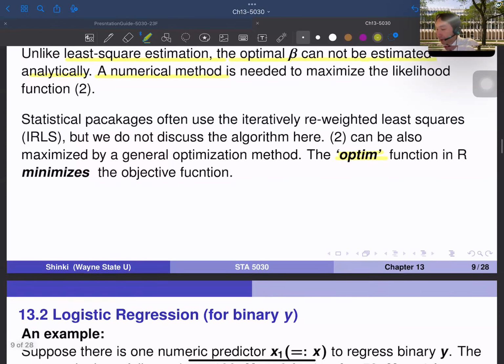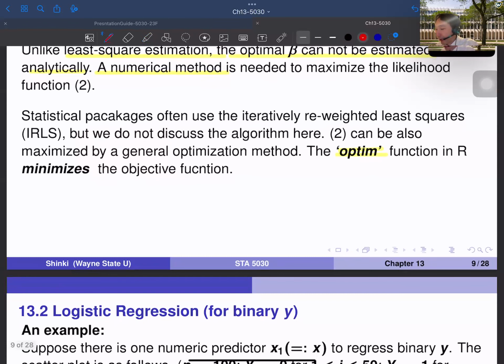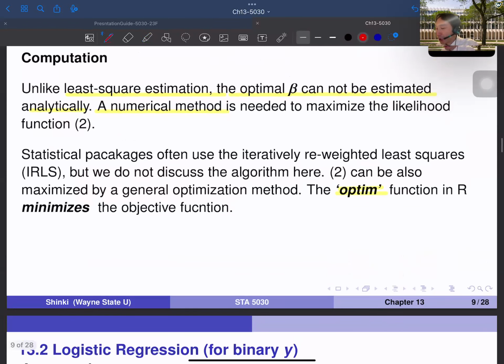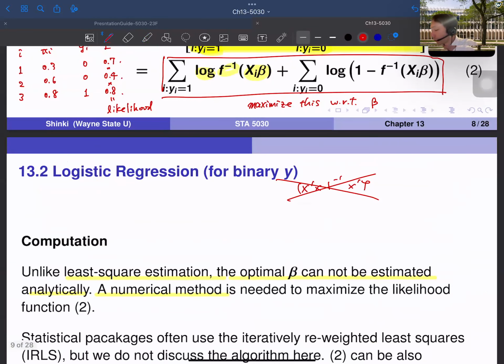But the good thing is that in logistic regression, even though this function is very complex, it is known as a concave function. A concave function is like this. Okay, so this is not concave, sorry. It's like this.